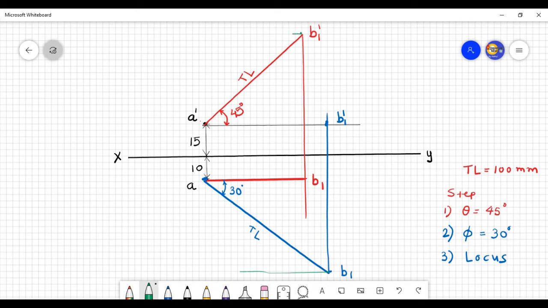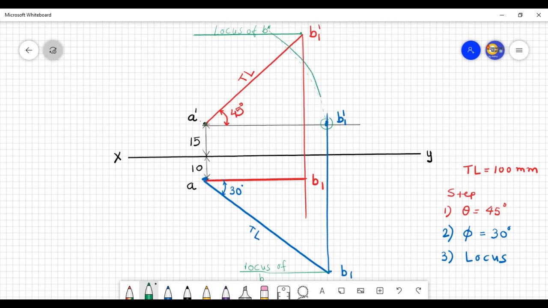Now one locus will pass through this B1 point. This horizontal line reflects the locus of B, and in the front view projections the locus passing through B1 dash is the locus of B dash. This is the first horizontal line you have to construct.